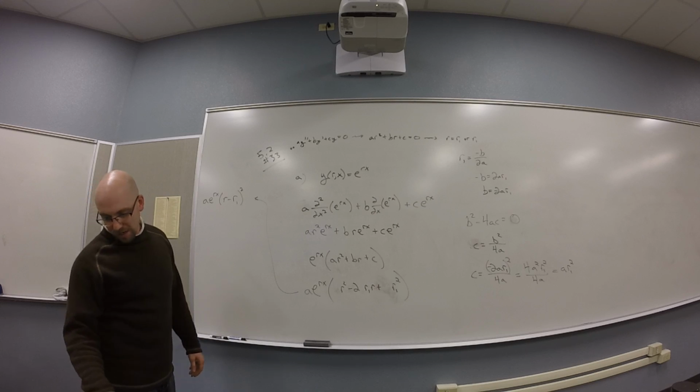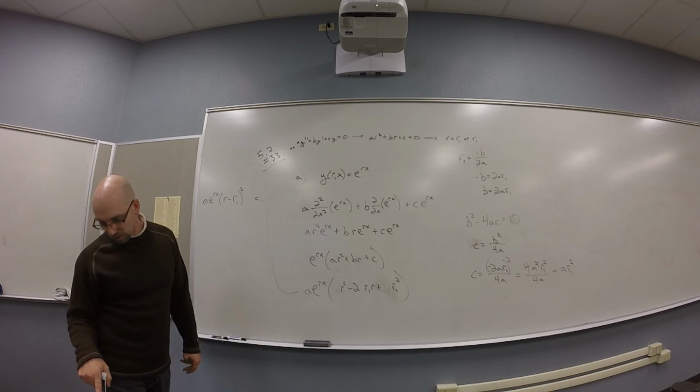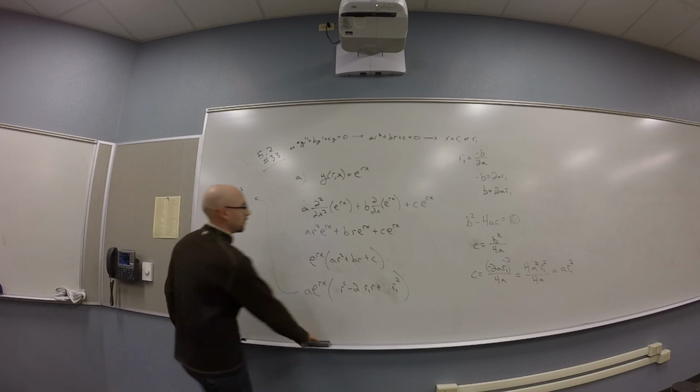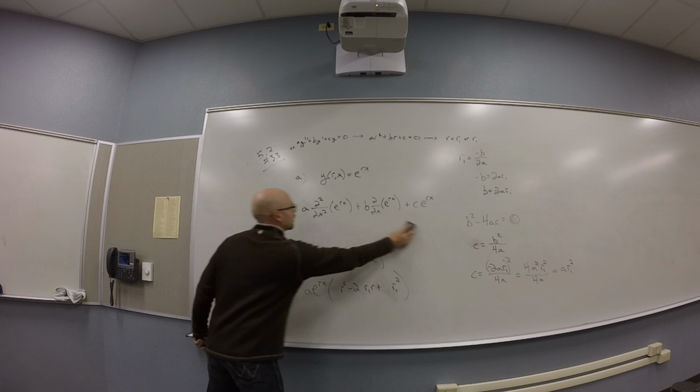Okay, then part B: differentiate the result from previous to obtain something. So I'm supposed to take my equation from the first part.